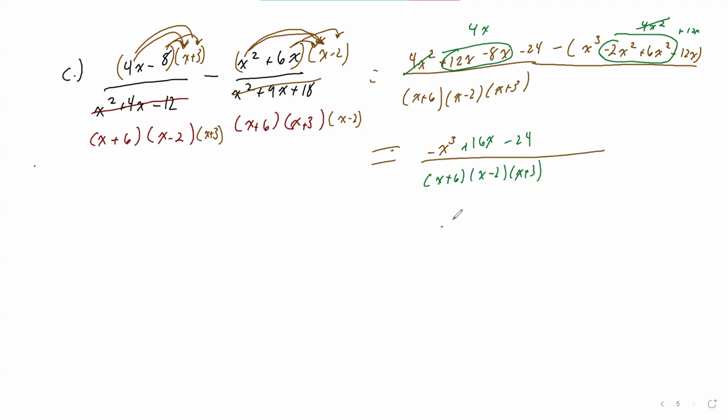Okay, so that seems all right. Maybe I combined it wrong. So I had the negative x cubed, then the square. This would be negative 2x squared plus 6x squared, which is 4x squared, and then 4x minus 4x would just cancel.